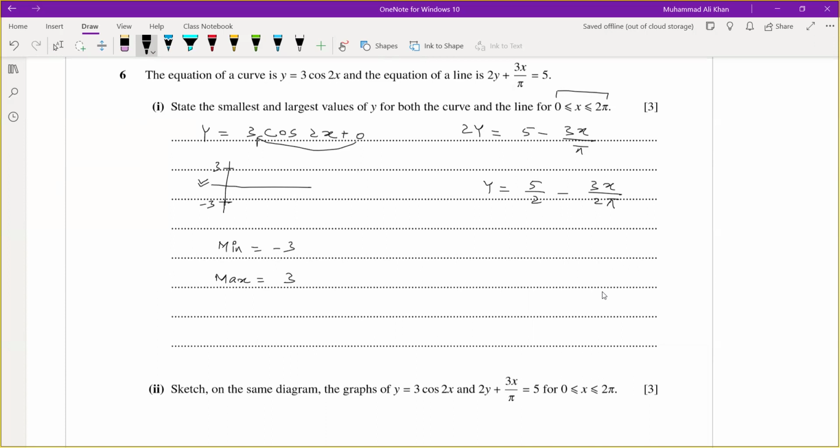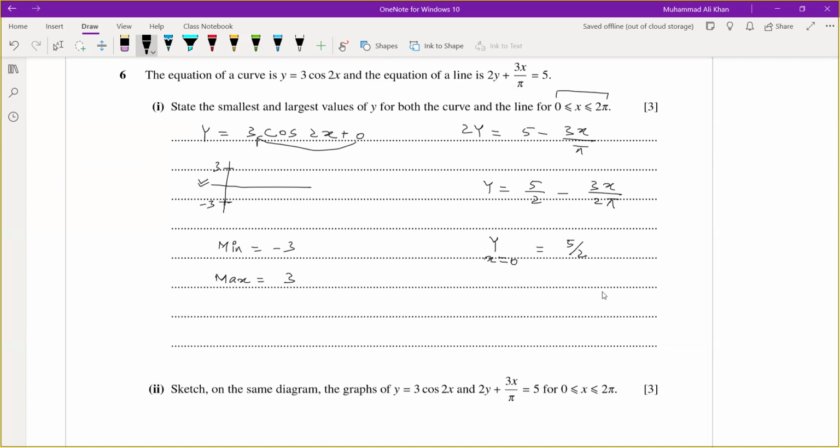After that, for the line, what do we have to do for a straight line? Simple: for the x values given, 0 to 2 pi, first put x as 0. When x is 0, y is 5/2.